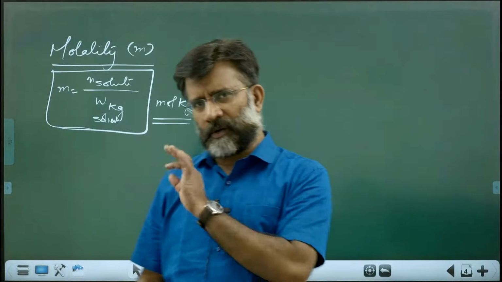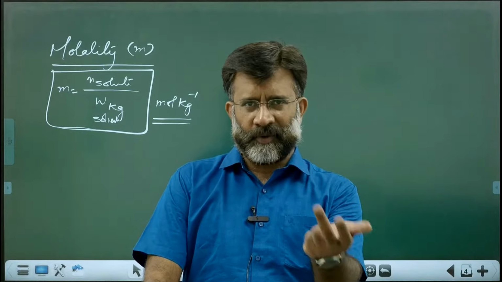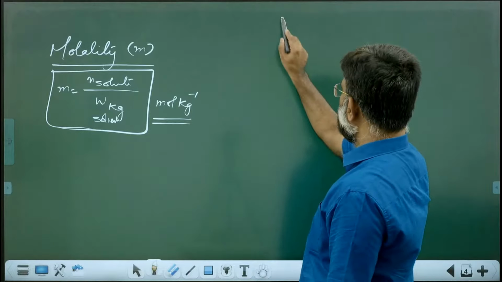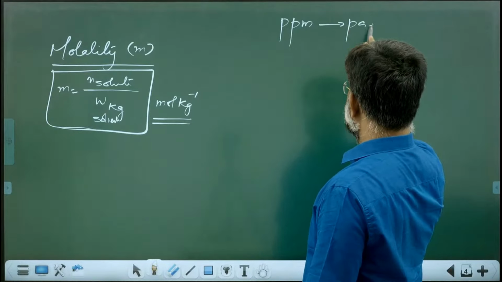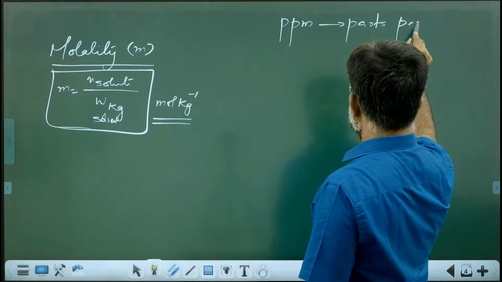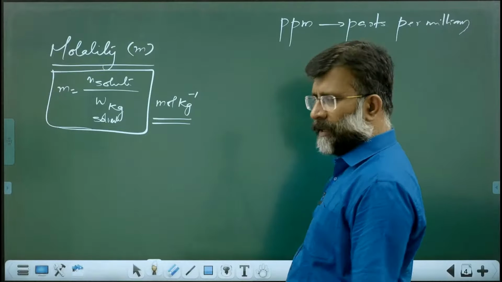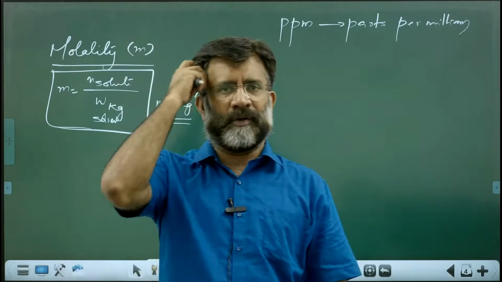2-3 major concentration terms that we use in the chapter are molality, mole fraction, etc. There is another one, ppm, parts per million. That will be weight of solute, quantity of solute in a million quantity of solution.